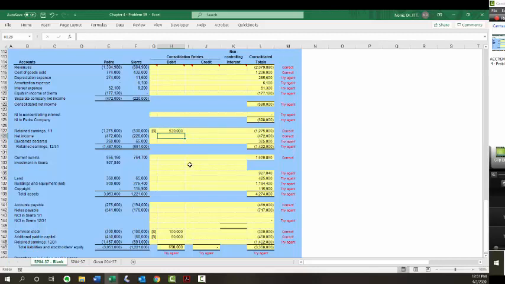So the investment in Sierra, the credit, is going to be the retained earnings plus common stock plus additional paid-in capital times 80%.